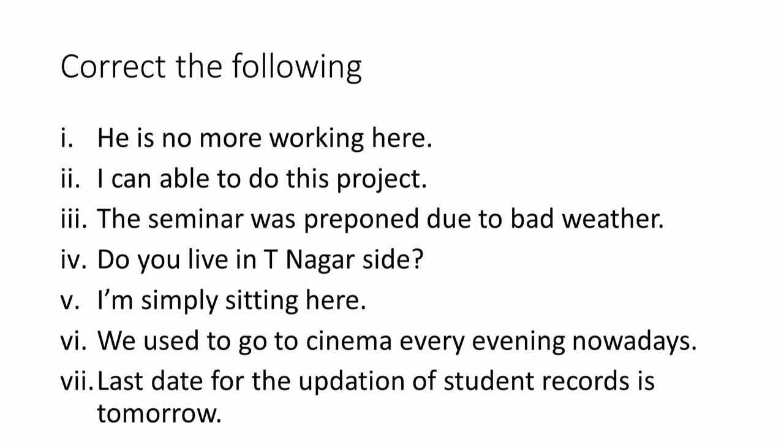The seminar was preponed. Again, this is not an acceptable word. We may use it, but it is not a correct usage. The seminar was advanced due to bad weather. So, you postpone or you advance, you don't prepone. Opposite of postpone is advance.